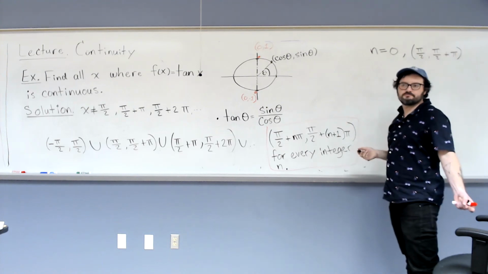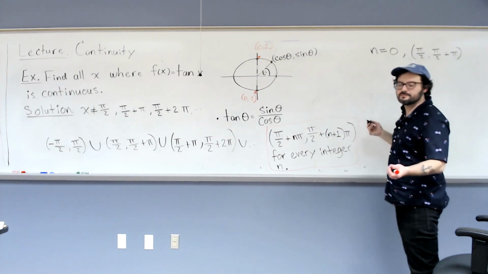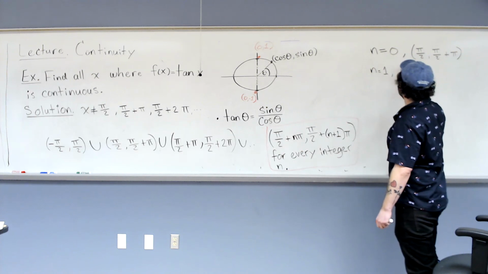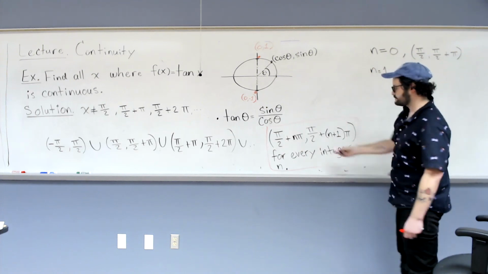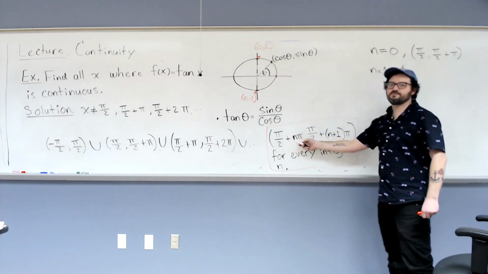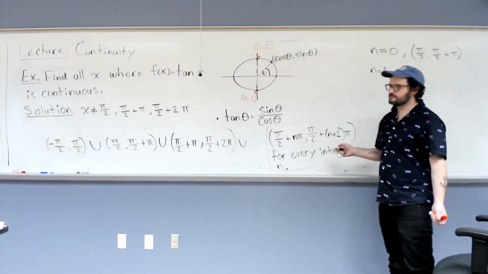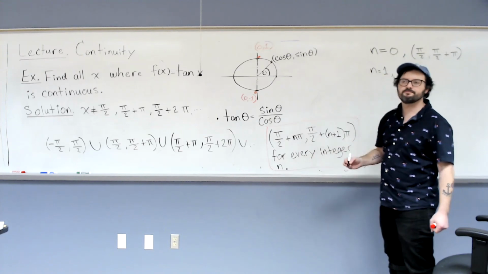But what about positive 1? Well, when n is equal to 1, we have pi over 2 plus pi, and then pi over 2 plus 2 pi. That's exactly what we had over there, right?